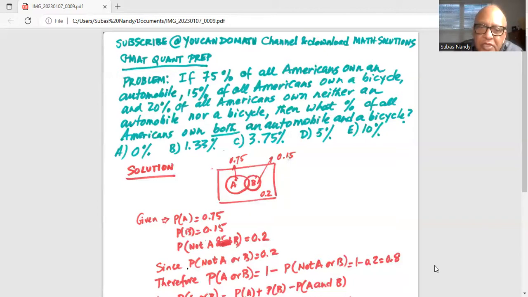So it is given probability of A is 0.75, probability of B is 0.15, and probability of neither A nor B, not A or B, is 0.2.